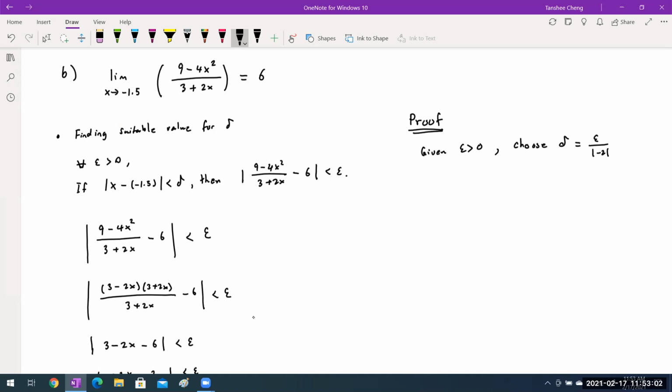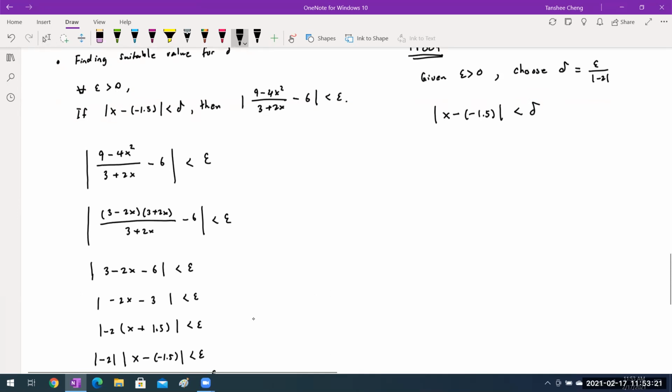That's what we're going to try. We want to prove it from the conditional statement part, which is this part right here. So we start with the absolute value of x minus negative 1.5 is less than delta. And our goal is to get to what? The situation we're looking for: the absolute value of 9 minus 4x squared over 3 plus 2x, minus 6, is less than epsilon. Function minus the limit is less than something.